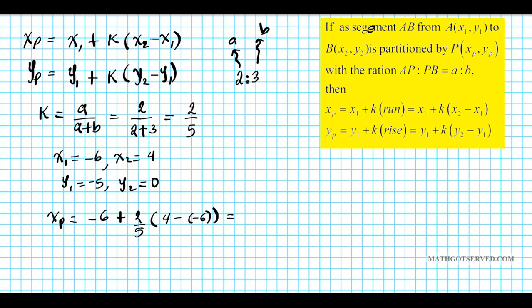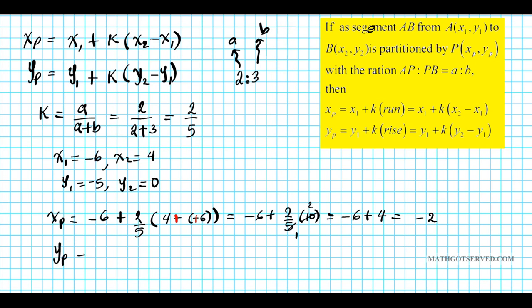Simplify that: negative 6 plus 2/5. Minus times minus makes that a plus, so 2/5 of 10. Then you have negative 6 plus, 5 goes into 10 twice, 2 times 2 is 4. Negative 6 plus 4 is negative 2. So that's the x-coordinate of your partition.